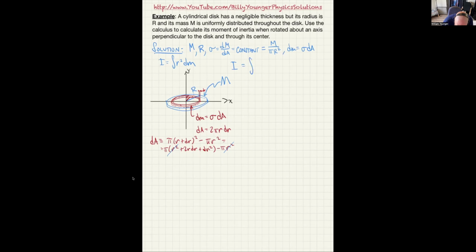That's going to be the integral of r squared dm, and dm is sigma dA, which equals the integral, I'll pull the sigma out in front, of r squared dA, but dA is 2 pi r dr, and we're going to integrate that from r equals 0 to big R. When I do that, I get sigma out in front and 2 pi out in front as well, but I get the integral of r cubed dr from 0 to r, and the integral of r cubed dr is 1/4 r to the fourth.